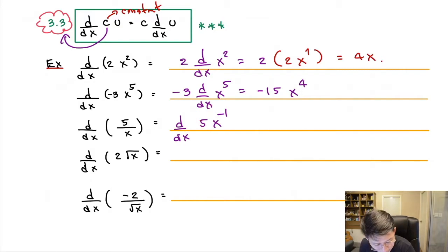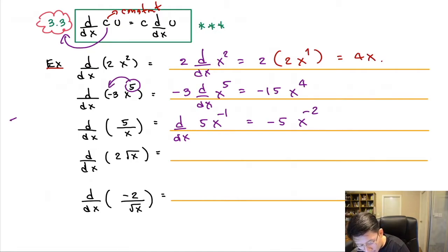So what you get is minus 5 x to the power of minus 2. Make sense? It's like here: you can just push 5 down, you get minus 15x to the 4, and it's the same answer, just quicker.